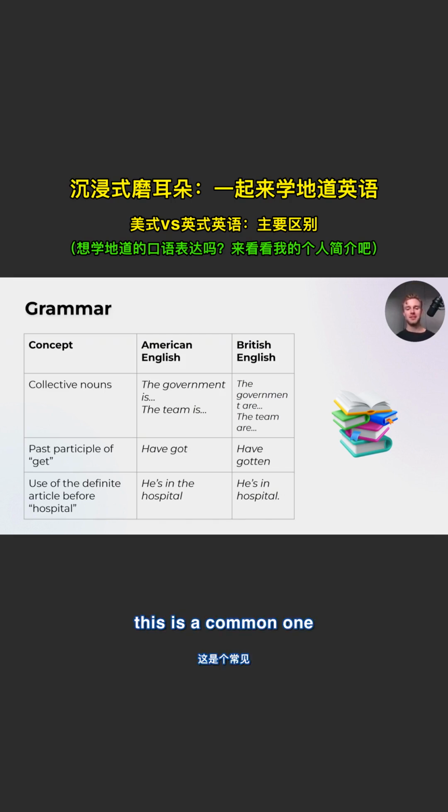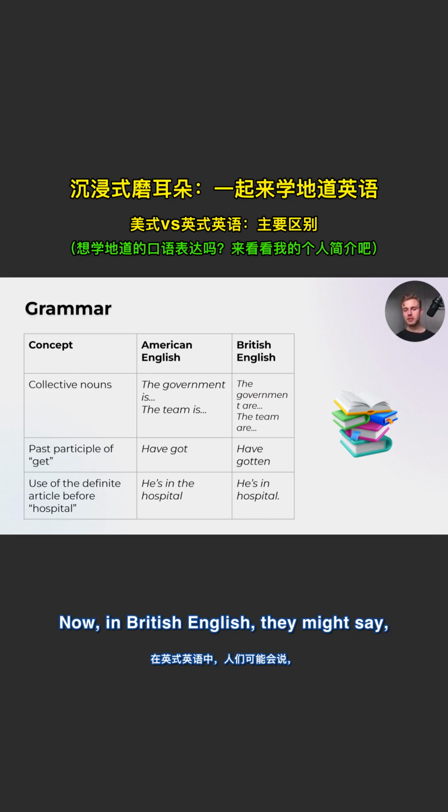And lastly, this is a common one that you might see, especially if you're watching the BBC, a British news channel. The use of the definite article before the word hospital. In American English, we'd say he's in the hospital. In British English, they'd say he's in hospital. So without the word the. He's in the hospital and he's in hospital.